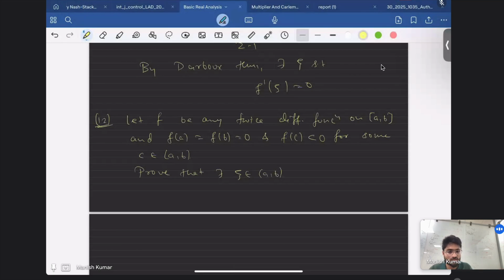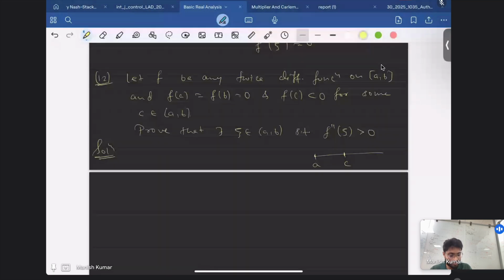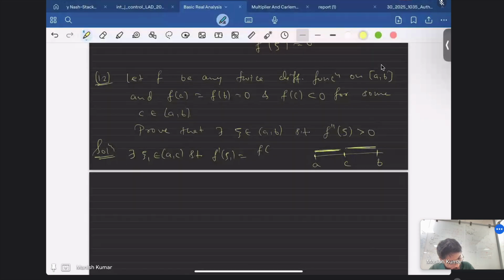So there exists some zeta 1 in (a, c) such that f prime of zeta 1 is (fc minus fa) upon (c minus a). Now fa is 0, and fc is given to be negative, so this is negative. There exists zeta 2 in (c, b) such that f prime of zeta 2 is equal to minus fc upon (b minus c), which is positive.